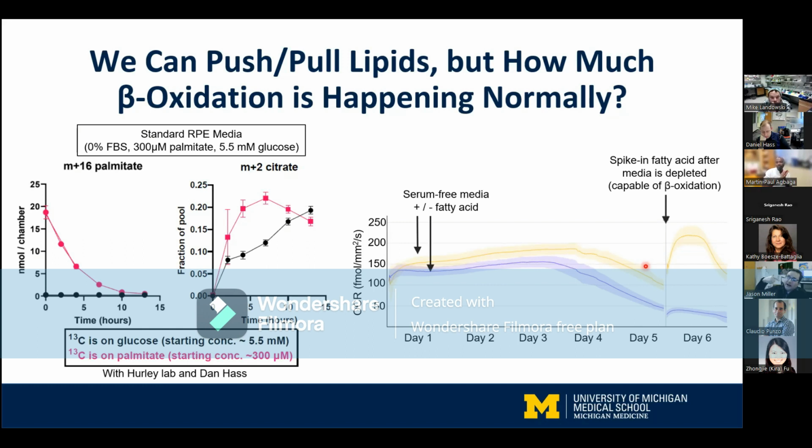Then we are making up custom media with only that metabolite missing and redoing the beta oxidation experiments to see if we get a much bigger OCAR spike, so that instead of it just being this global loss of all metabolites, which is kind of uninteresting, is there some specific competitive interaction between certain metabolites and fatty acids. I think was that getting to one of your questions, or did I miss your question entirely?